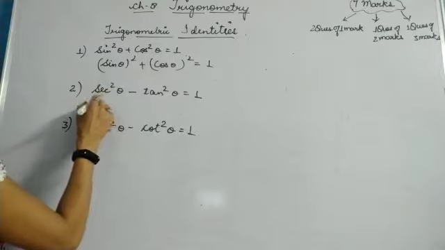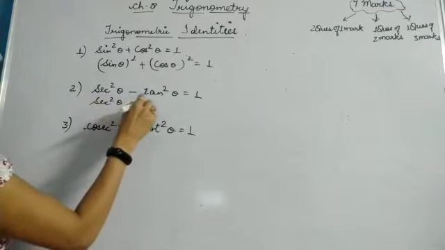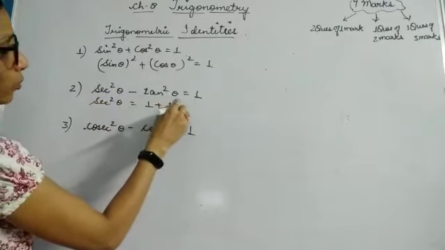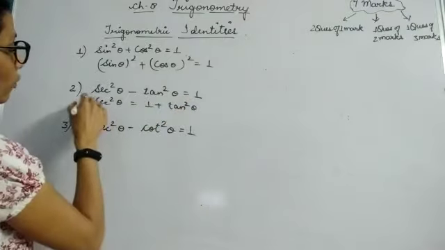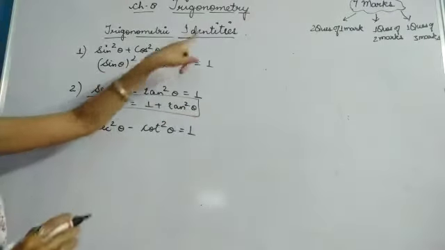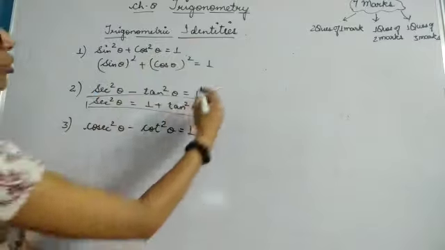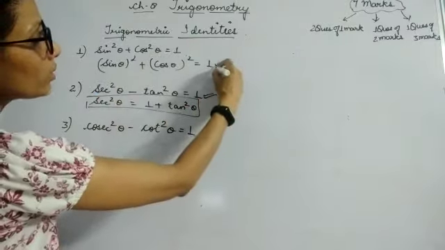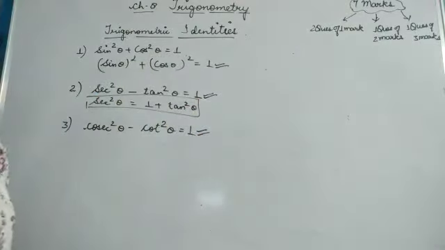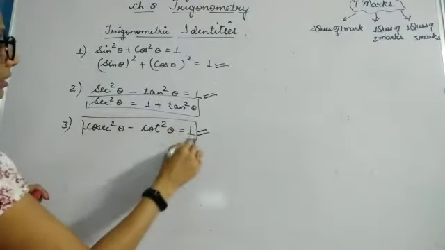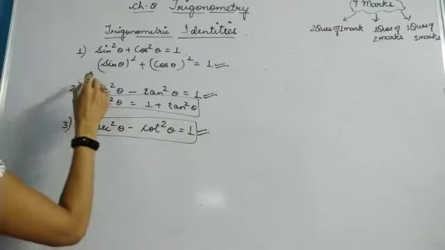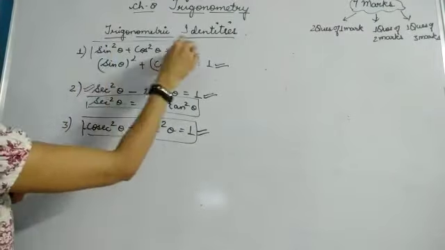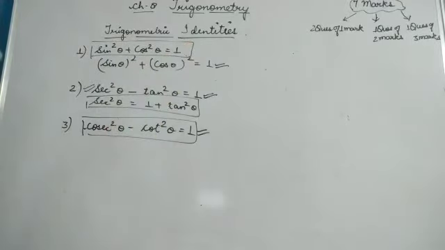Here you can write it as sec square theta equal to 1 plus tan square theta. You can learn in this form also. But since I have written identities, you remember the equal to 1 form. Okay. So these are the identities which you have to remember wholeheartedly.